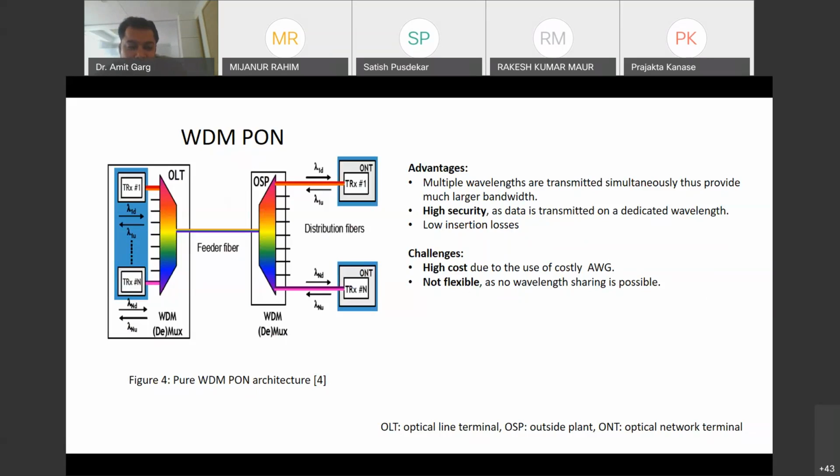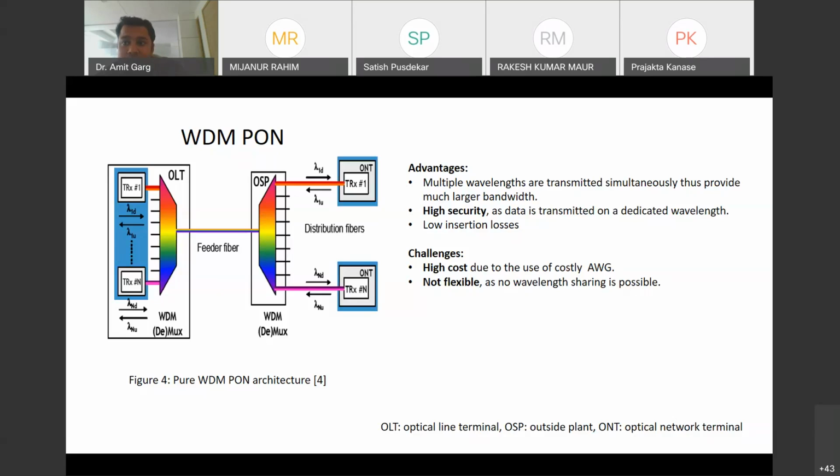The AWG nowadays has losses of almost 3 to 5 dB irrespective of the number of ports. So the losses of the AWG are less, and if we have a 1 cross 32 splitter, then what will be the loss? 2 to the power 5, so 3.5 into 5, that is 17.5 dB.